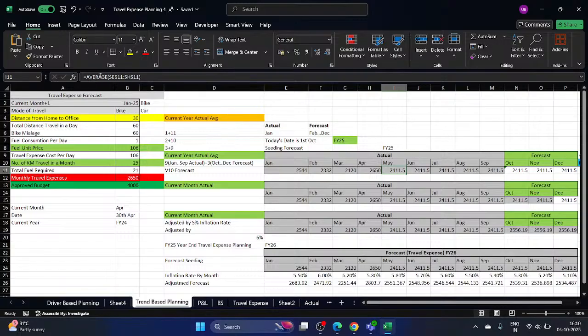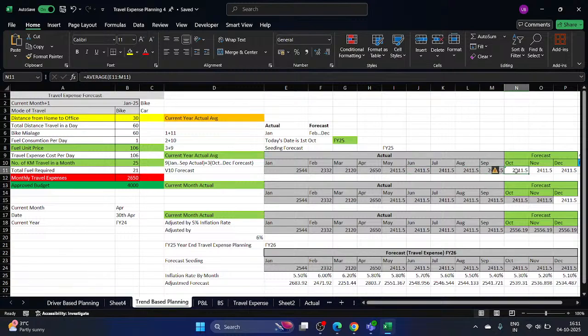So here we have applied the average formula. Equals to average, and we are taking the particular cells, the Jan to April months of sale, and when we took it, the resultant figure, the outcome which came here, is 2411.5. The same thing would be done there also.